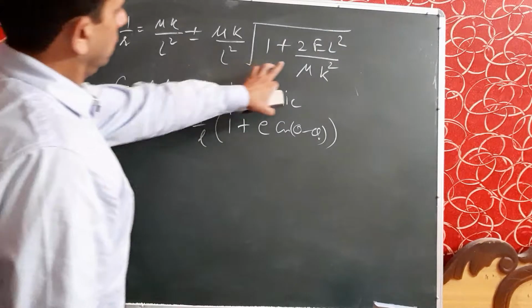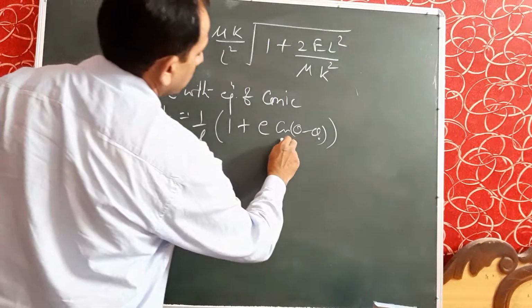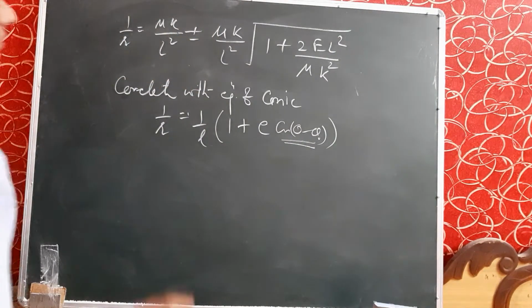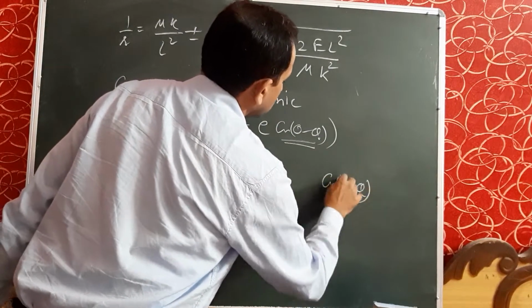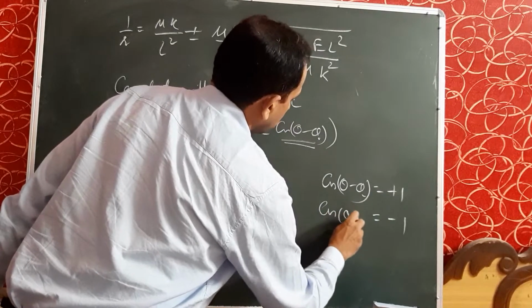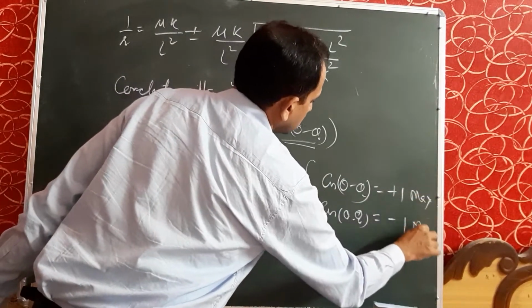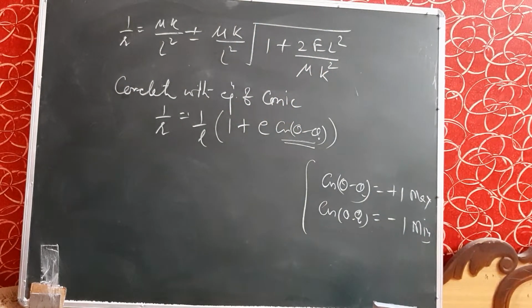But there is no cos function or sin function. So, we will reduce this cos or sin, we will take its maximum and minimum value. You know that the maximum value for cos theta is plus 1 and minimum value is minus 1. This is maximum and it is minimum value. So, these are the maximum and minimum values for the cos function.